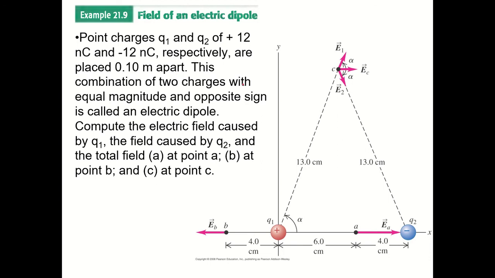So this combination of two charges with equal magnitude and opposite sign is called an electric dipole. So compute the electric field caused by Q1, the field caused by Q2, and the total field at point A, and also at point B and at point C.